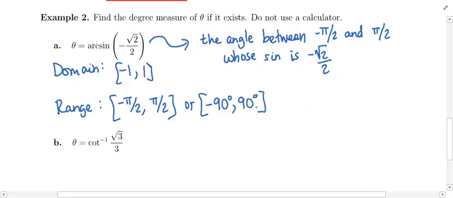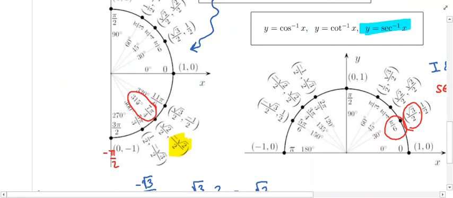Even though the angle here in the fourth quadrant is 315 degrees, we need the degree measure to be between negative 90 degrees and positive 90 degrees. So 315 degrees is incorrect. It is the correct location on the unit circle, but by definition, we have to return an angle between negative 90 degrees and positive 90 degrees.